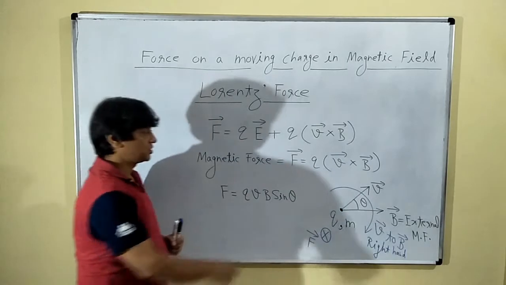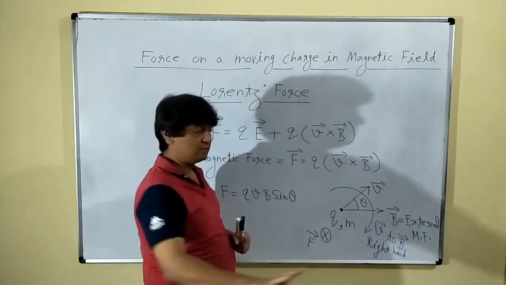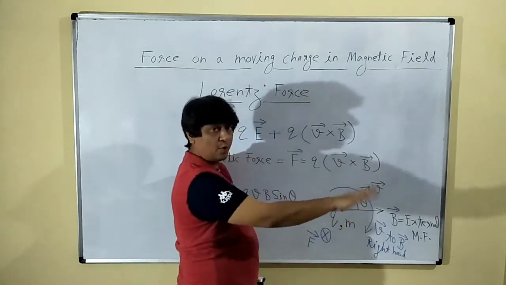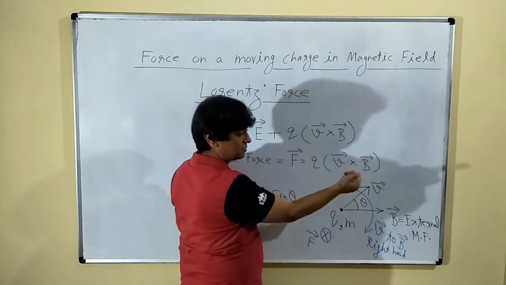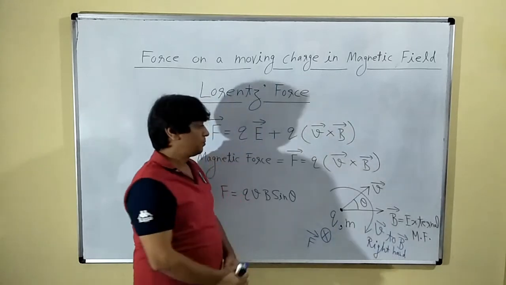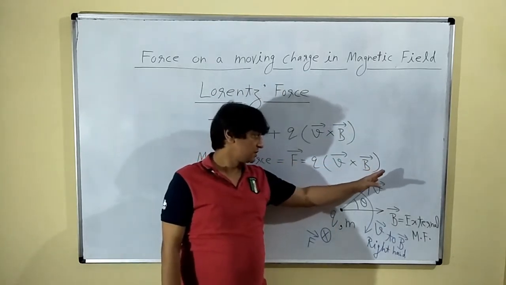Now suppose this charge Q is an electron. In the case of an electron, your thumb, you found, is pointing in. If it points inwards, you will say that the direction of force is what? Opposite, that is out. So it's nothing but a mathematical system.